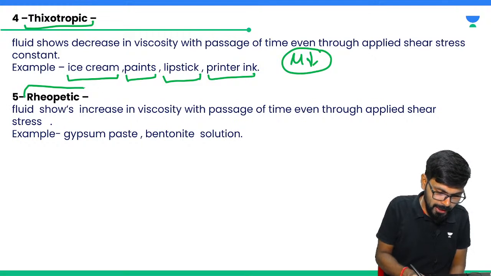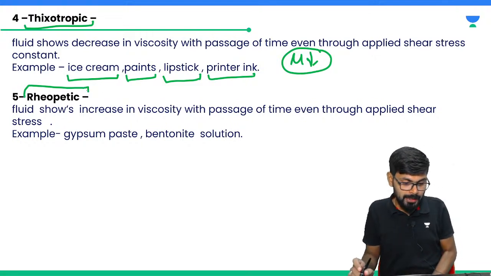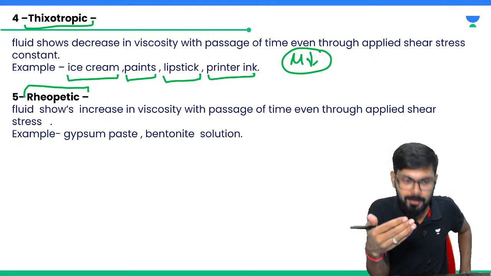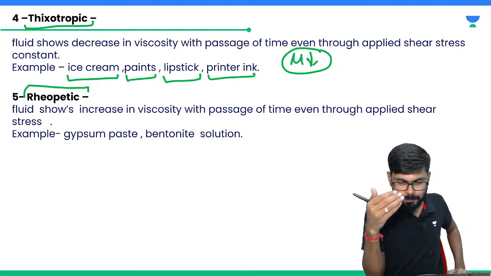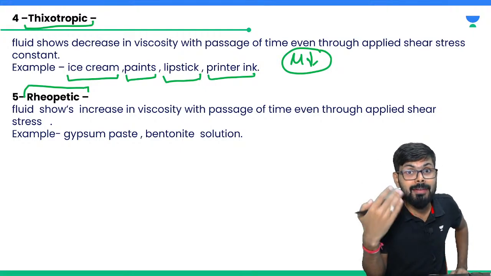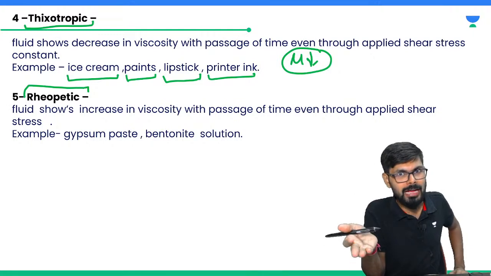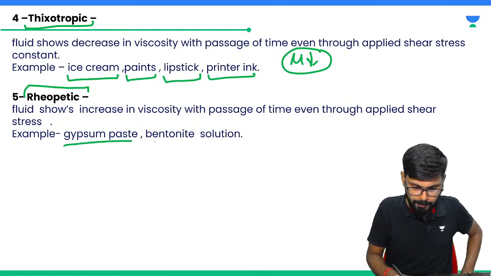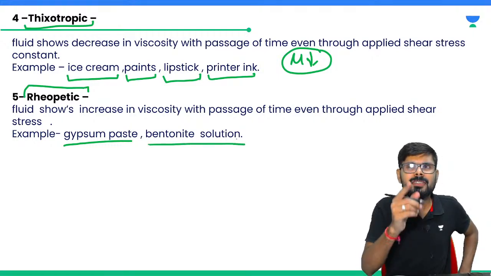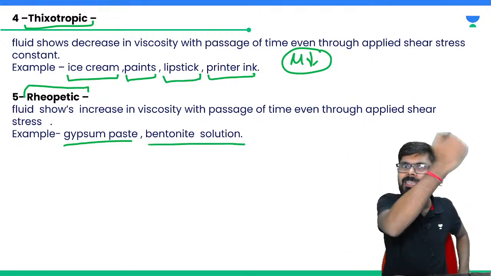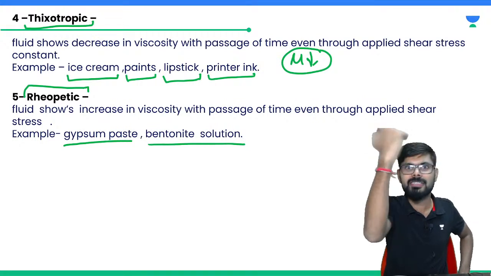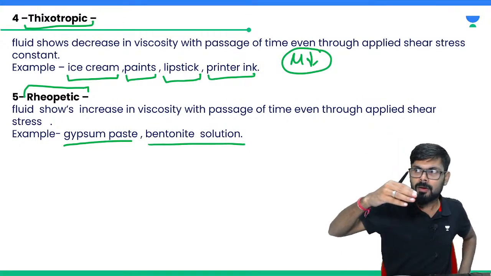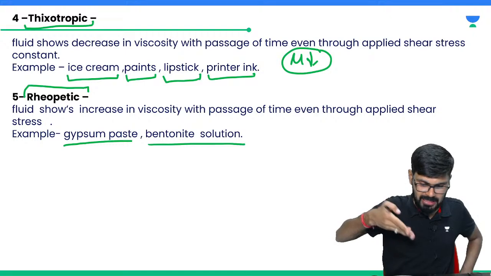Clear? Okay, now come to rheopathic. Rheopathic means that the viscosity value will increase with the passage of time. For example, gypsum paste, bentonite solution. You know gypsum paste, whenever false ceiling is done in houses, right? Most of the time we use this gypsum paste.